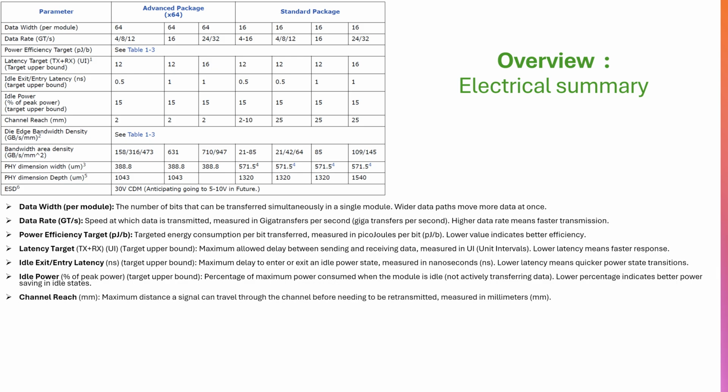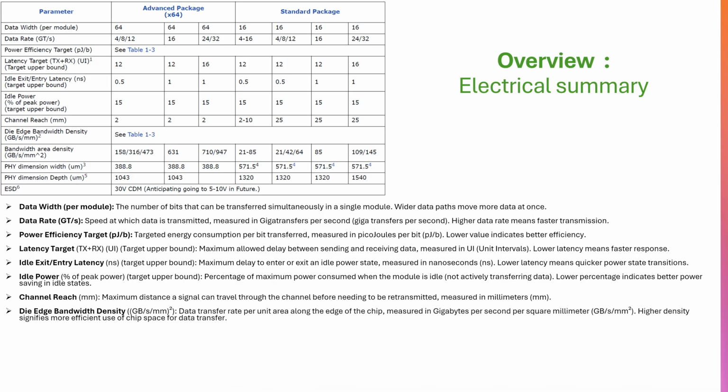Then channel reach. What is this channel reach? It is the maximum distance a signal can travel through the channel before needing to be retransmitted. Next one is the die-edge bandwidth density, the data transfer rate per unit area along the edge of the chip, measured in gigabytes per second per square millimeter.